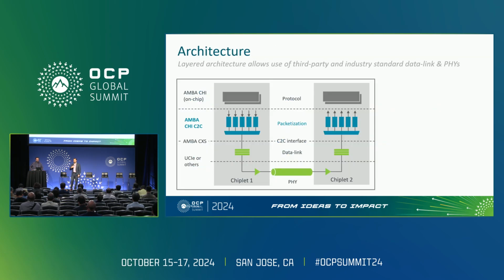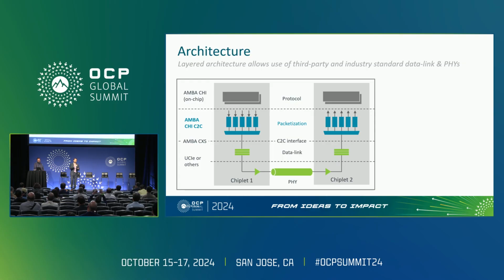Thanks. So if we look into the architecture or the details of the CHI C2C itself, as I said, it's an extension to the existing on-chip CHI. That's what I'm illustrating here in terms of this layered architecture. On the very top, we have the existing AMBA CHI protocol, widely used.